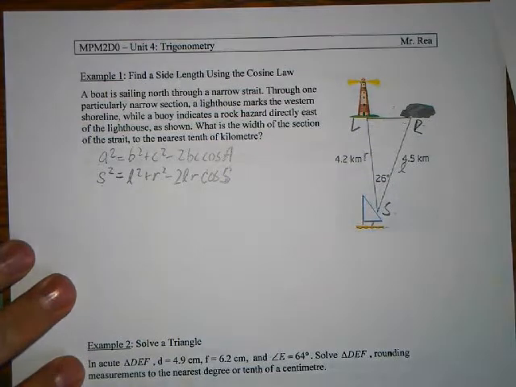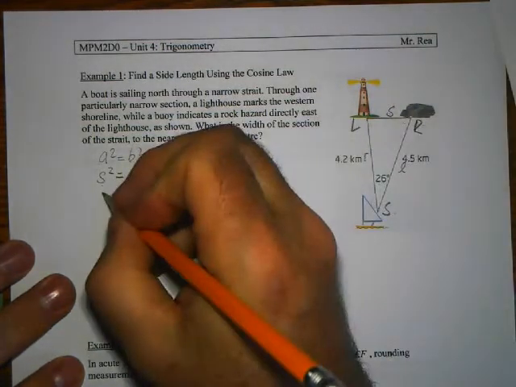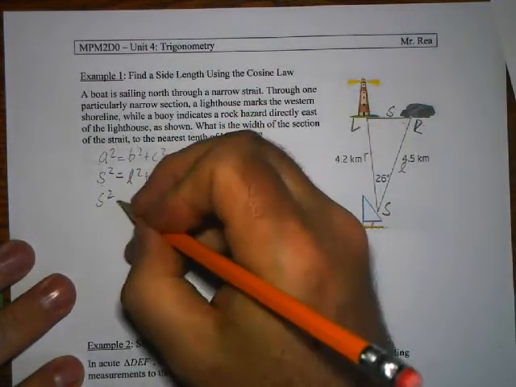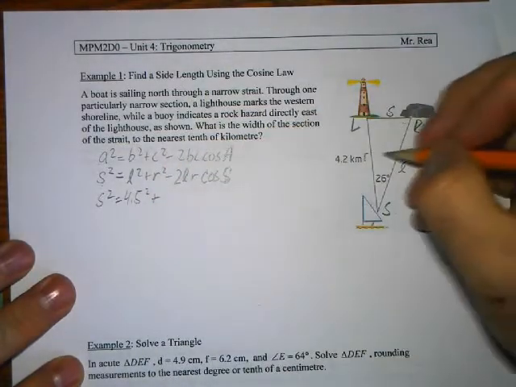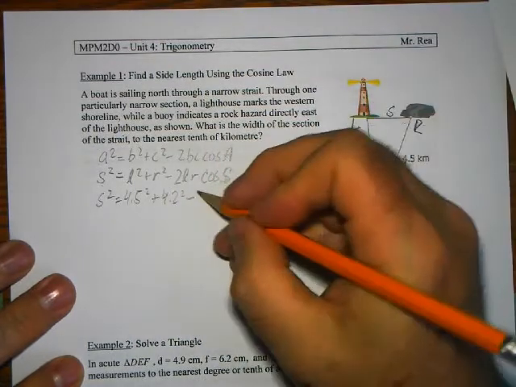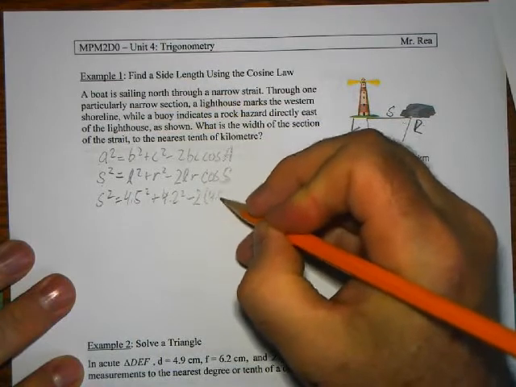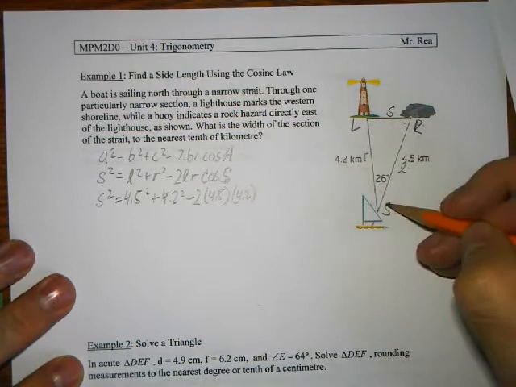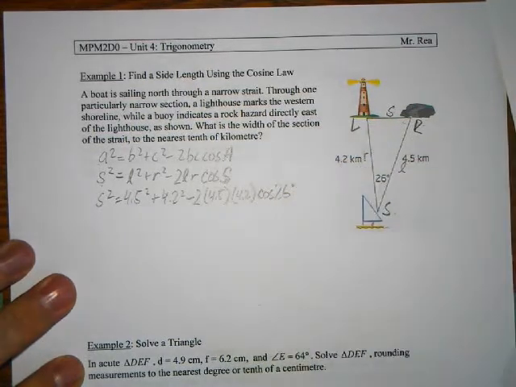I'm going to keep calling that little s. We can change L to 4.5 squared. We can change R to 4.2 squared, and then minus 2LR, so L is 4.5, R is 4.2, and then angle S was 26, so it's cosine 26 degrees.